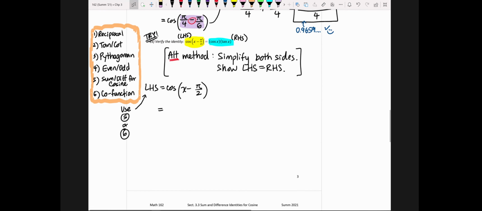If we wanted to use the cofunction identity, let me show us what we would do. We would have to switch the order.